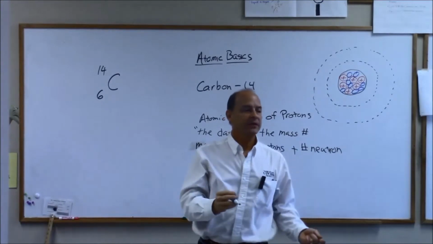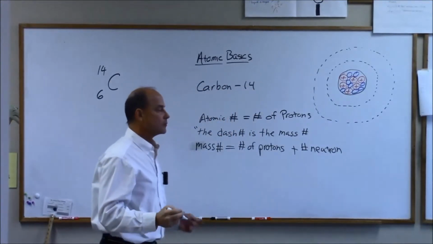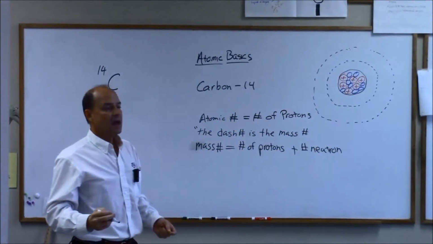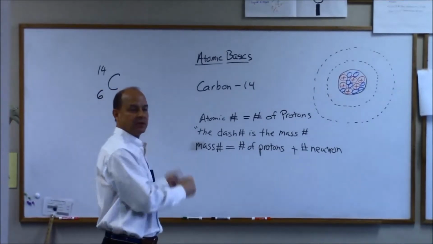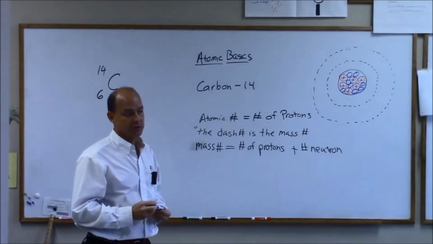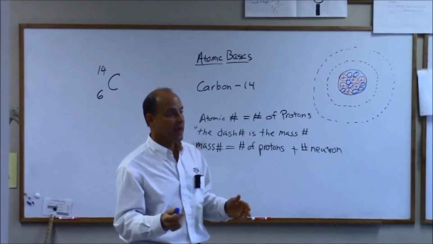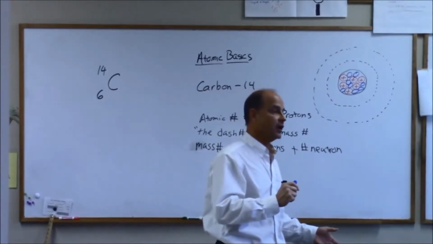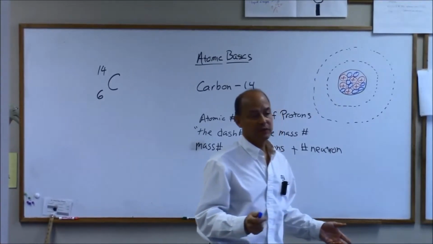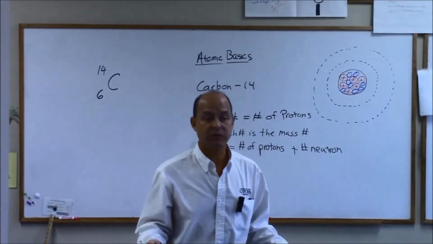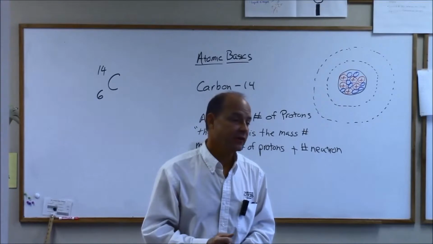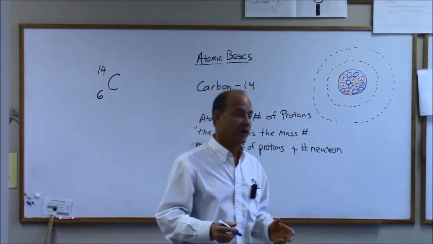Now, because I want to make this an interesting example, I'm going to give this particular atom an overall charge. If you are asked a question about how many electrons an atom has, and they don't tell you anything different, you can assume that the number of electrons is equal to the number of protons.